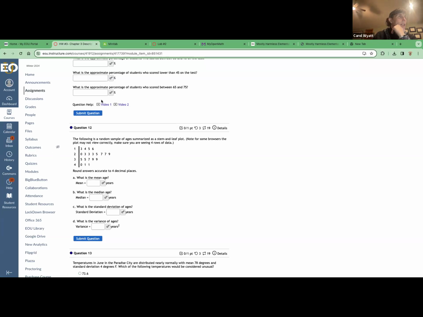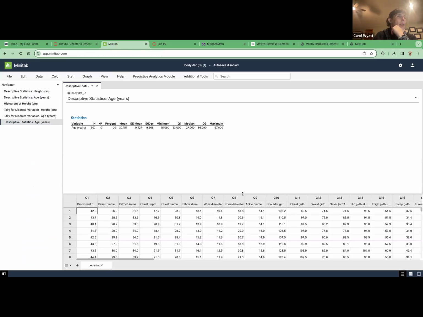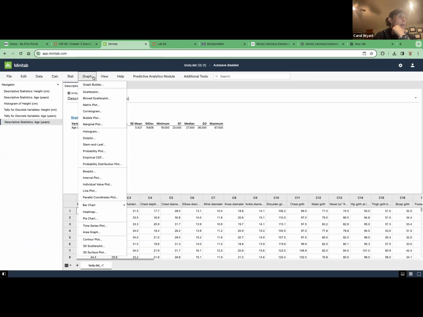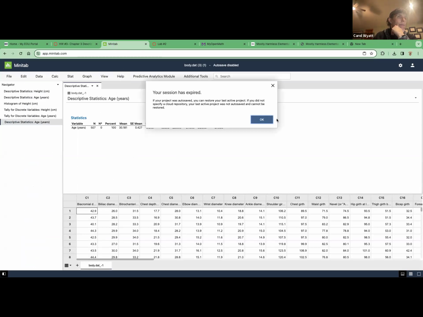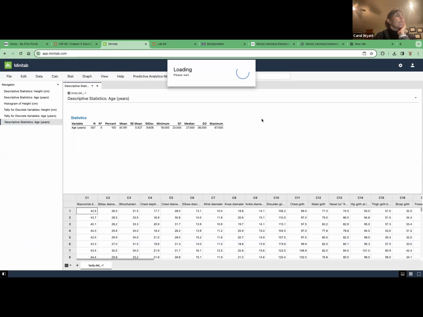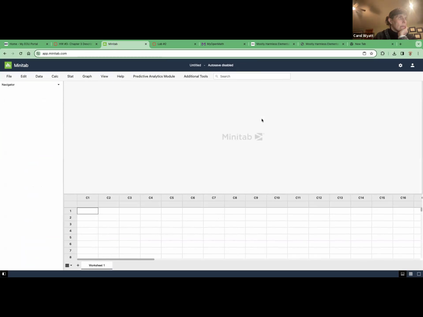If I were to do a stem and leaf plot in Minitab, let's say I'm going to do a stem and leaf plot for the group age here. So I go to Graph, I go down to Stem-and-Leaf. Sorry, my Minitab expired, so it's going to shut down on me. Let's try it again.